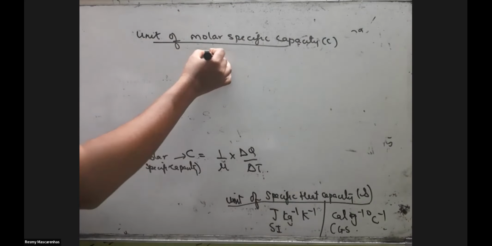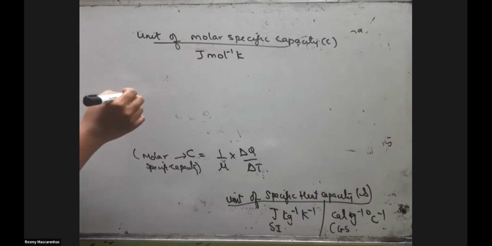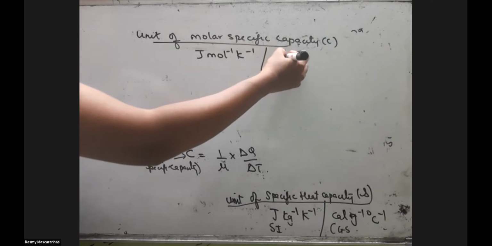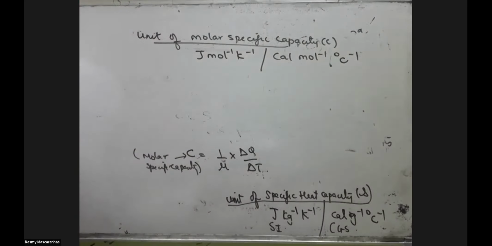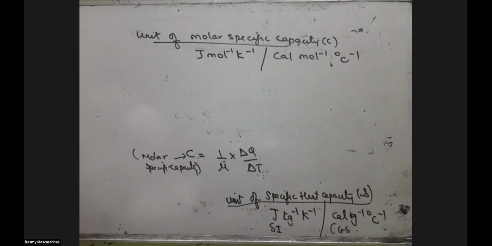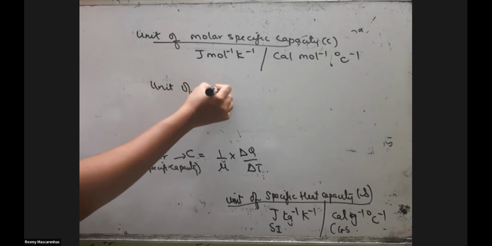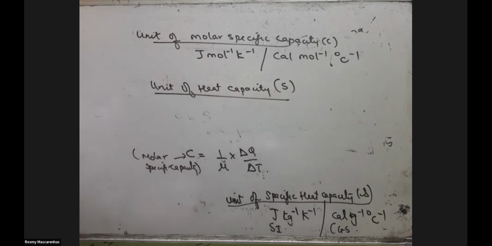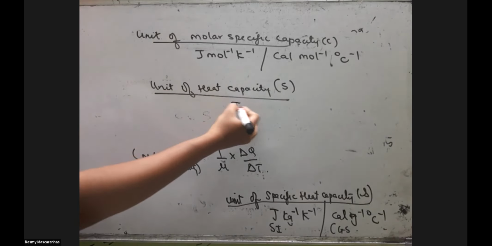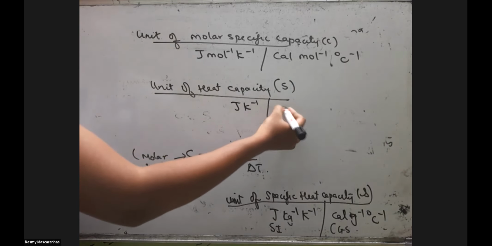Instead of kg, the only thing is it will be moles, rest all will be the same. And the unit of heat capacity, the starting one, capital S: there is no kg, nothing involved, so it is just heat per Kelvin.